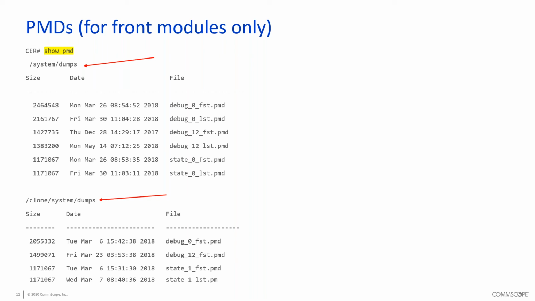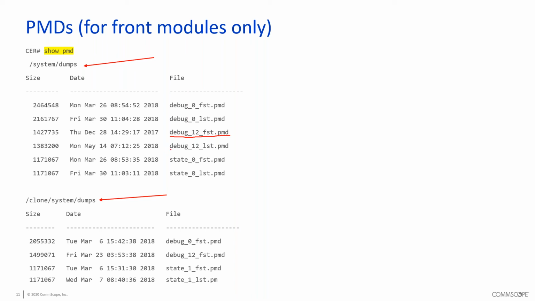And if you'll notice here in our example, specifically here in the top here, if we take a look at this particular file, notice the date on that. Of course, it's from 2017, but that was the first time that it had registered a debug PMD file for that particular card.